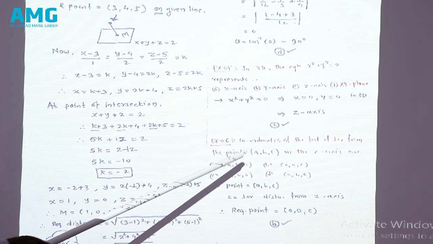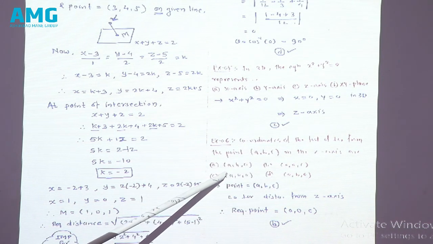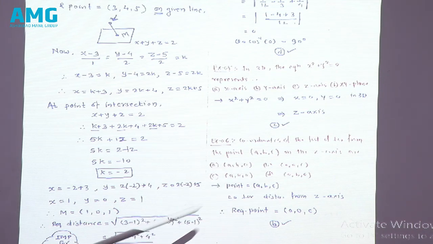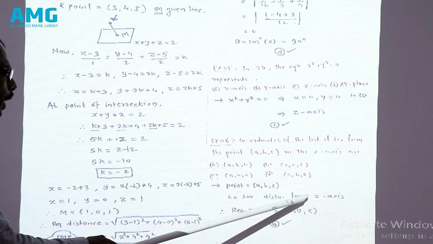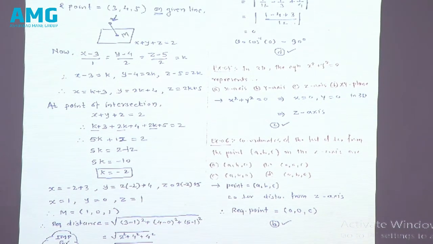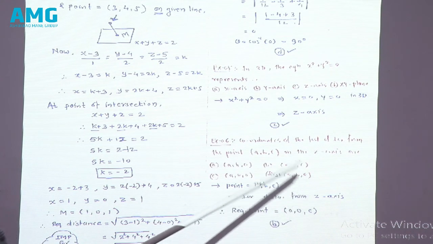Our target is to find the foot of the perpendicular from this point to the z axis, and these options are given here. We focus on the solution. Given point is (A, B, C). So, the perpendicular distance of this point from the z axis must be C. Therefore, the required point of the foot of the perpendicular is (0, 0, C).